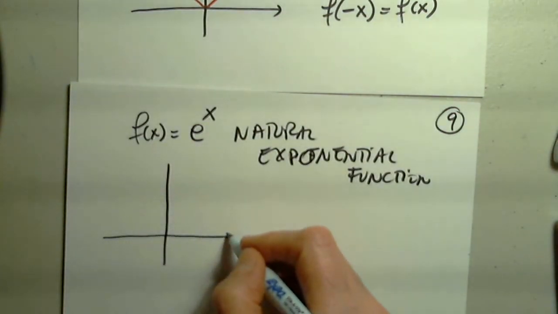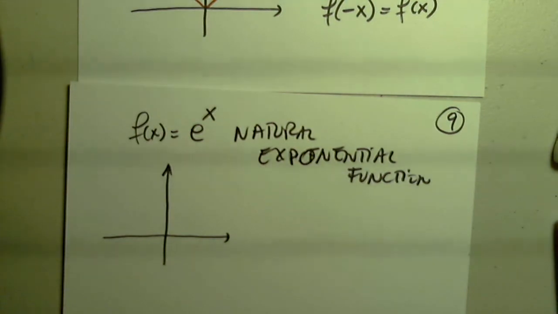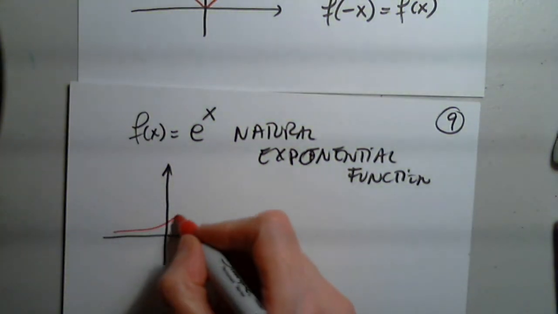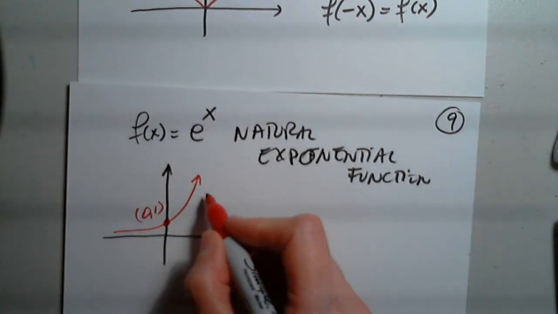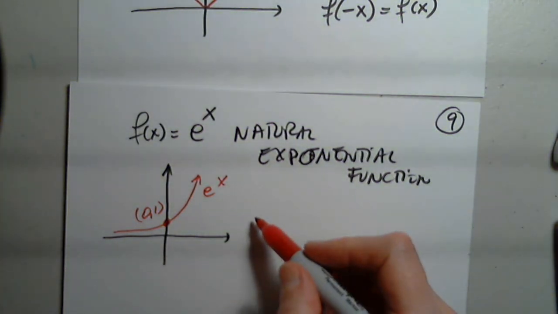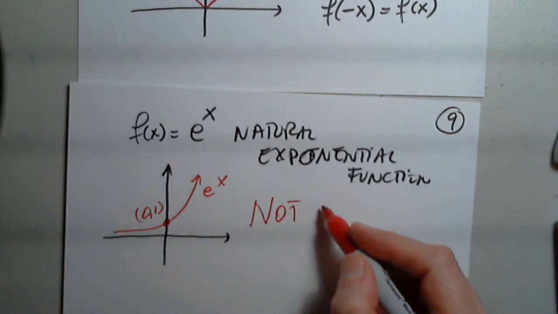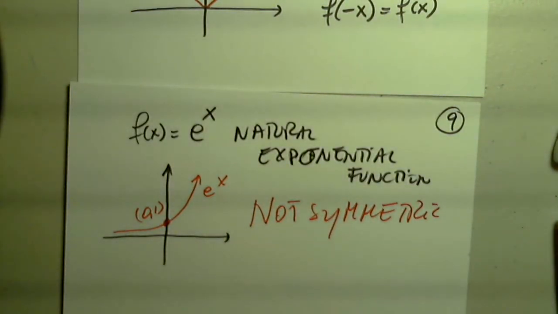We're going to use them and we're going to refer back to them. So here is the exponential function. It crosses at 0, 1. The natural exponential function. Odd, even, or not symmetric? Not symmetric. Very good. It's not symmetric with respect to the y-axis. It's not symmetric with respect to the origin, so the function is not symmetric.